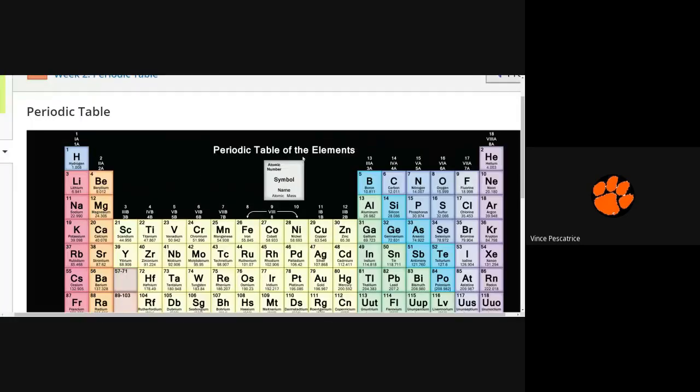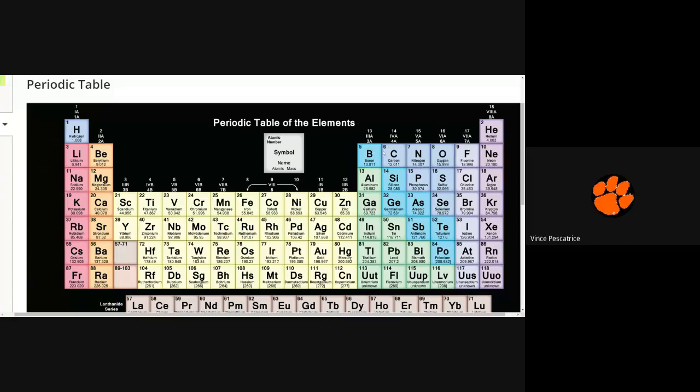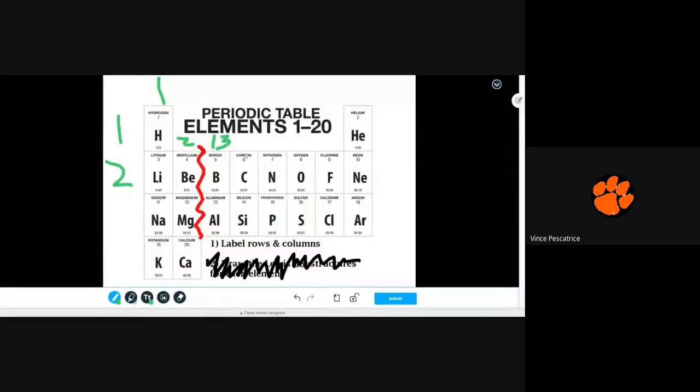It should help you out a lot. You can see 1, 2, 13, 14, 15, and so on. As you do that, copy that onto here. There's more. I want you to do this one, this one, this one, this one, and finish the rows as well.